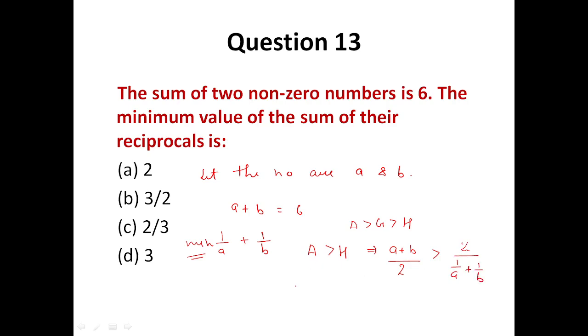Now put the value of a plus b: 6 upon 2 is greater than or equal to 2 upon (1 upon a plus 1 upon b). This implies 2 ones are 2, 2 threes are 6, so 1 upon a plus 1 upon b is greater than or equal to 2 by 3. So its minimum value will be 2 by 3. So option C is correct.